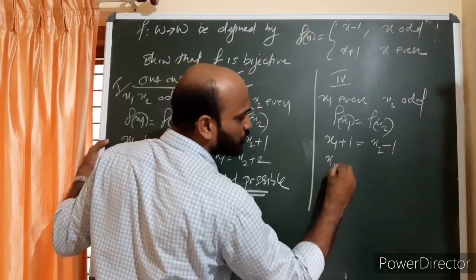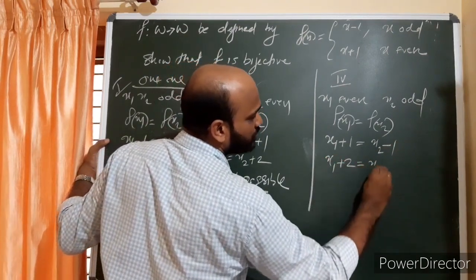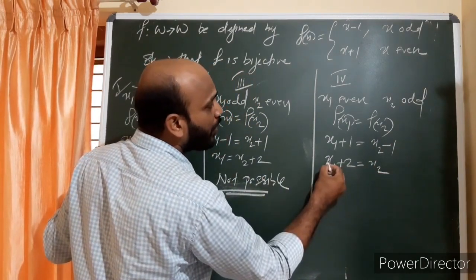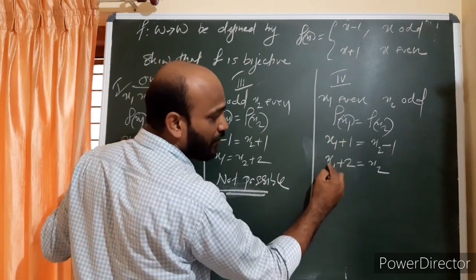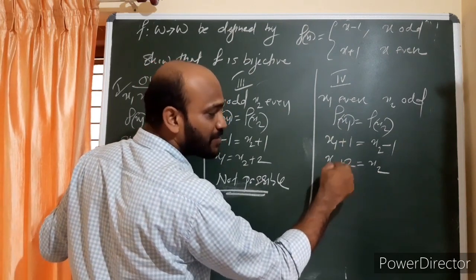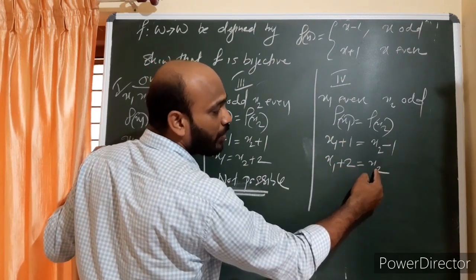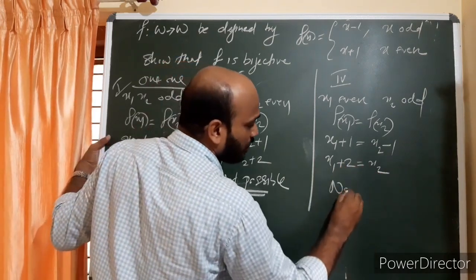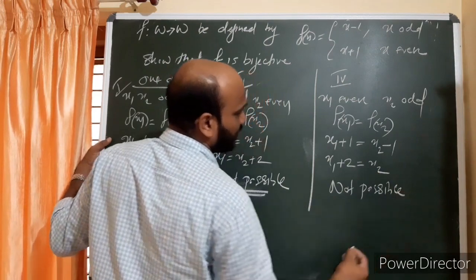That means x1 plus 2, we will get x2. This is also impossible because x1 is even number plus 2, left hand side is even, right hand side odd, even number equal to odd number, not possible. We cannot consider this case also.